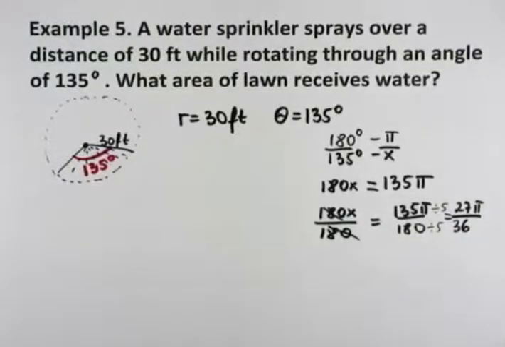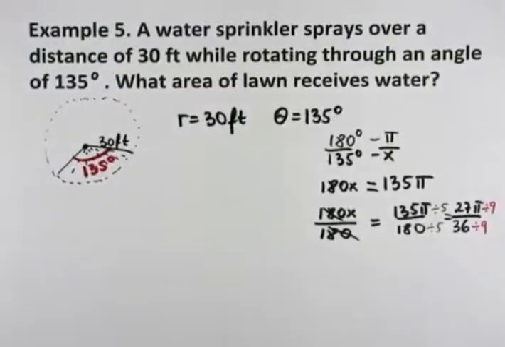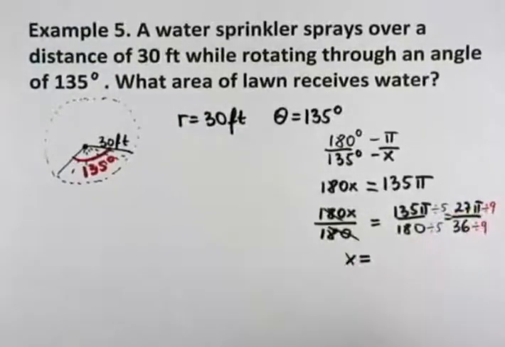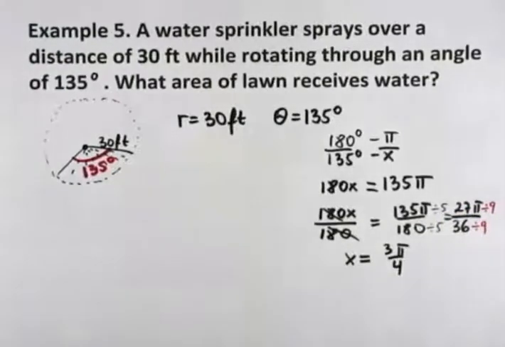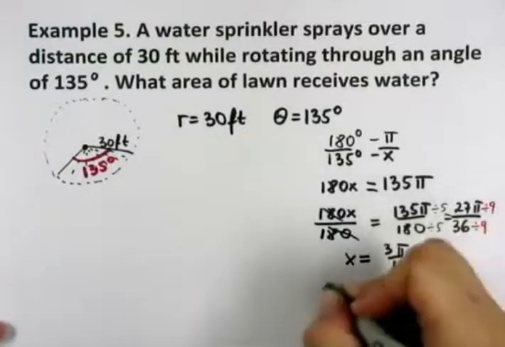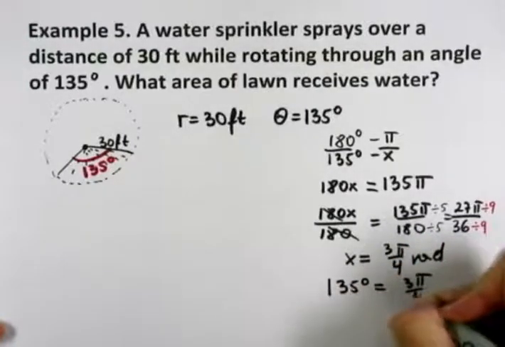This can be reduced even more by dividing both by 9. So x is 3 pi over 4 radians. So 135 degrees is 3 pi over 4 radians.